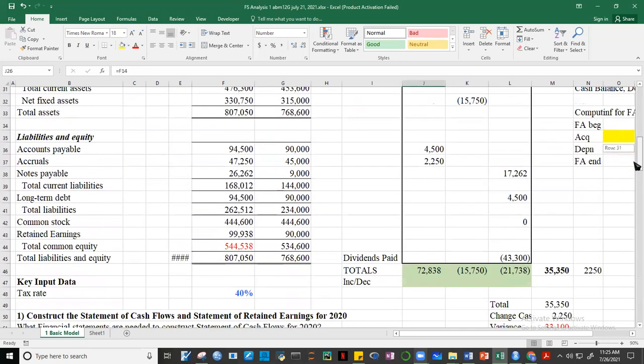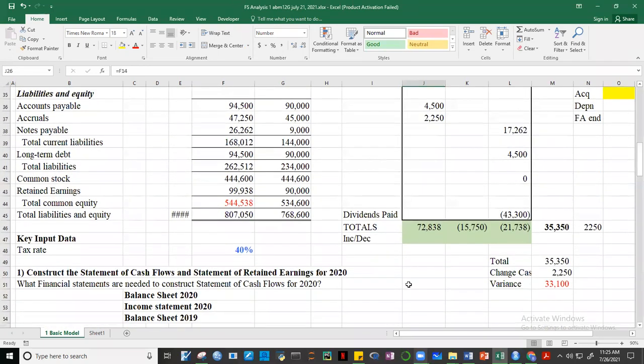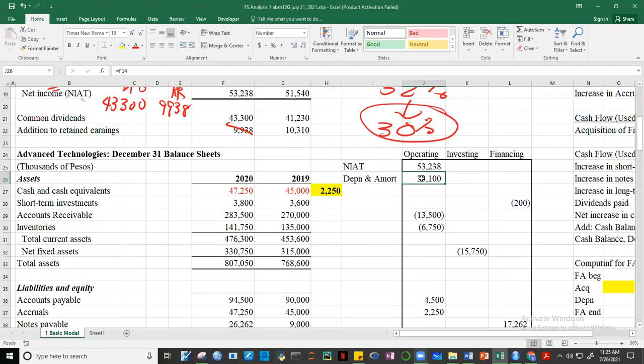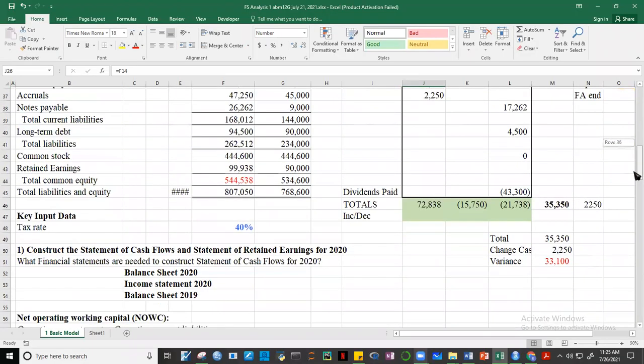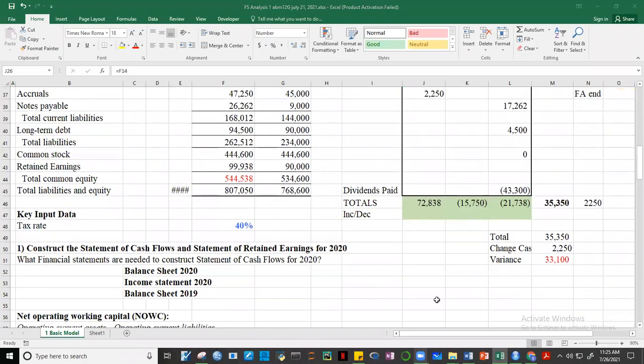So, what do you suggest that we do with that? Siyempre, excess tayo, guys. Sobra tayo ng 33,100, di ba? Eh, ito, dinagdag natin yung 33,100 dito. So what do we do, guys? Anong gagawin natin dyan sa 33,100 na yan?